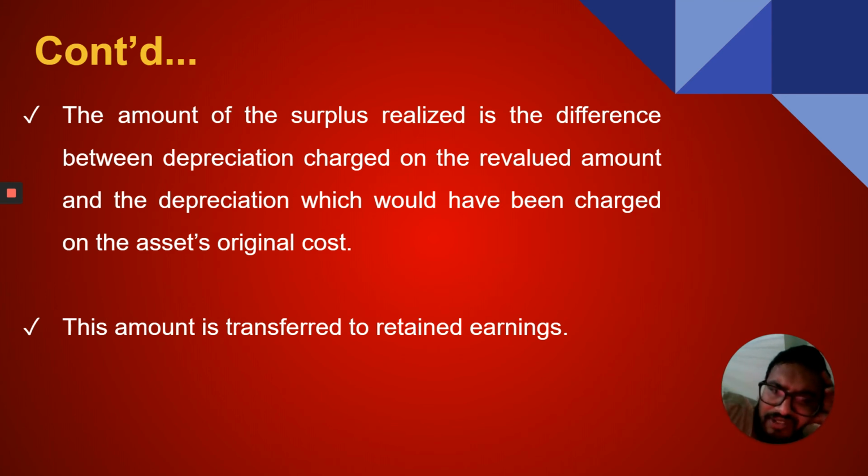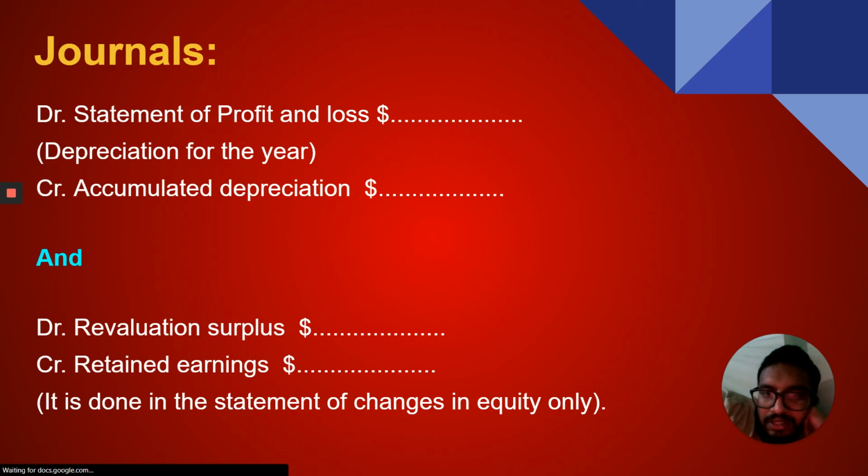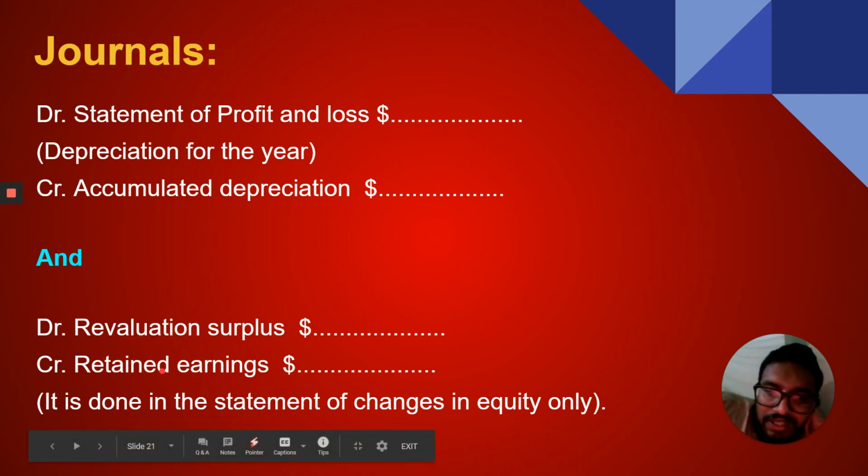This is transferred directly to retained earnings. The journal is: debit SOPL, credit cumulative depreciation. And then in case of revaluation, when you transfer it, debit revaluation surplus, because this will have a credit balance, right? And then credit retained earnings, okay?